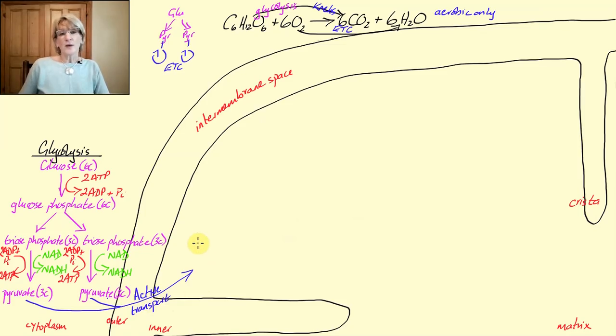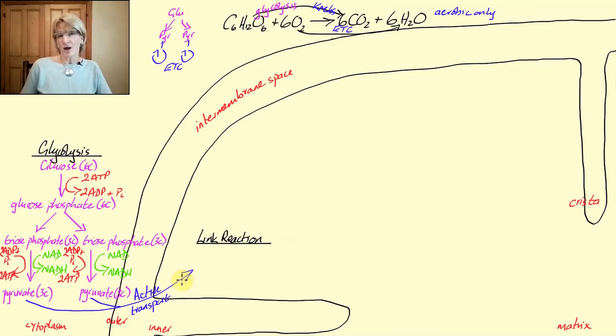So now we're getting to the link reaction. And this is where pyruvate is turned into acetyl-CoA. Pyruvate is a 3-carbon molecule and acetyl-CoA is a 2-carbon molecule. So very logically, it means that a carbon needs to be lost.